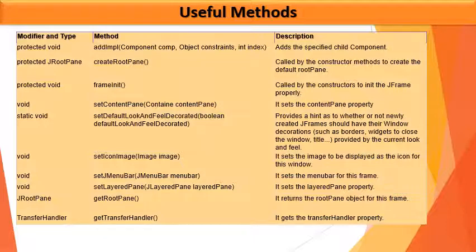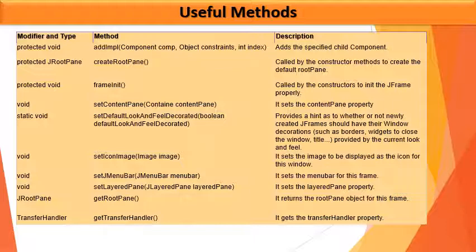This will set the layeredPane property. The next method is getRootPane, which will return the rootPane object for this frame. And the last method is getTransferHandler, which will get the transferHandler property.